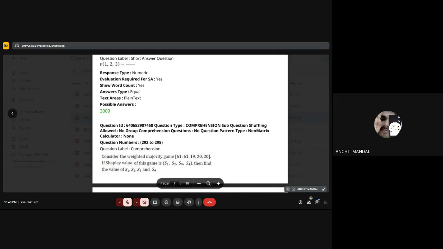If the Shapley value of this game is so and so, then the dictator value. So we have a dictator, right? S1 is 1, all others are 0, right? Correct.